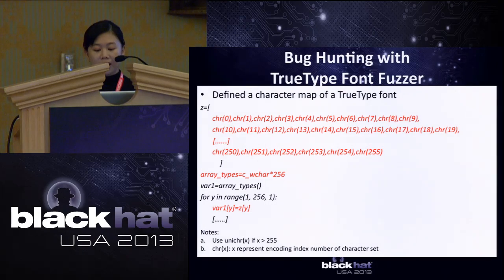And as soon as the attributes of the font are well defined, the character map of a TrueType font has to be defined as well. Without defining the character map, even if a particular font encounters a problem, the vulnerability will not be triggered. Defining a character map is very subjective, where defining the entire character set of a particular font will be a good option.